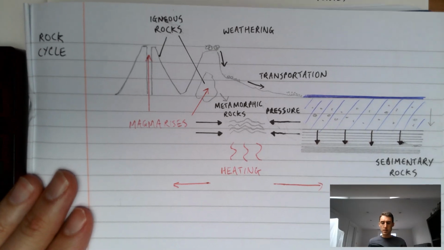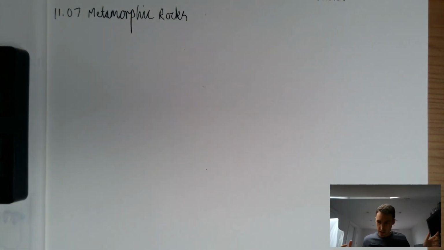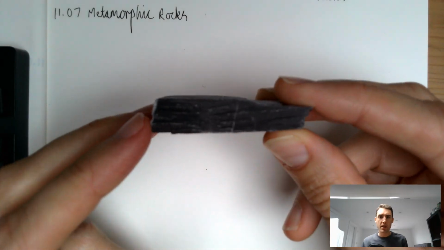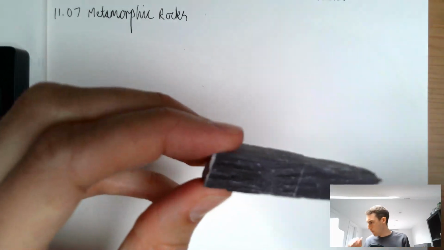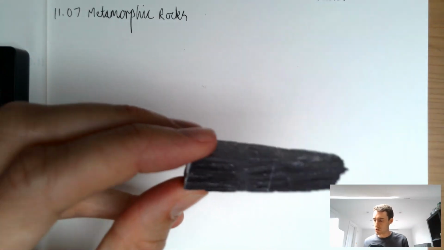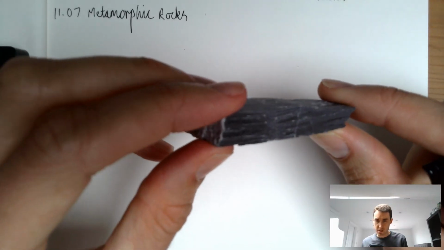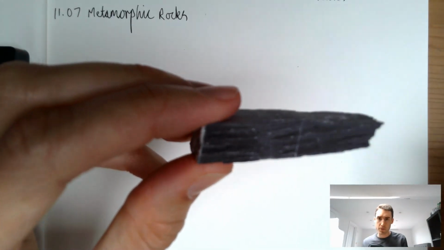So as in the previous two lessons on igneous and then sedimentary rocks, what we're going to do first is just have a look at some samples. So I think a good one to start with is this one. And actually, you can get students to have a look at this, and straight away, before you explain anything about how this is formed and what it's called and so on, you could ask them to identify whether this sample, and I'm sure you'll have a similar sample in your prep room, comes from an igneous or a sedimentary rock.